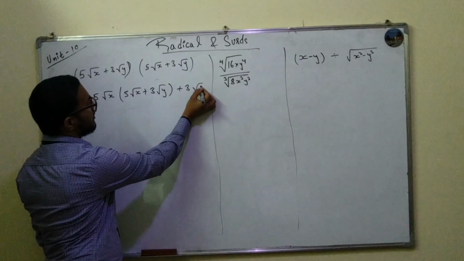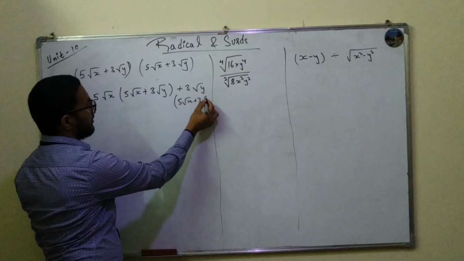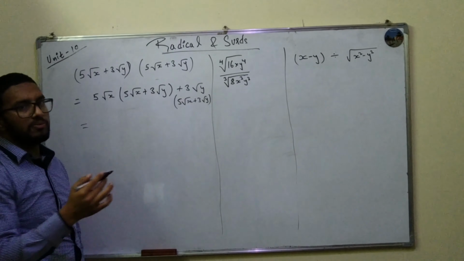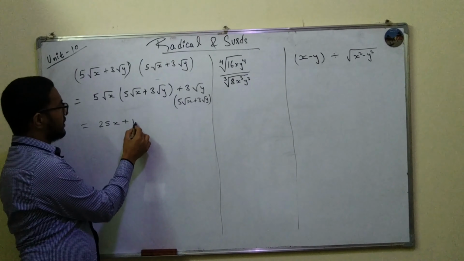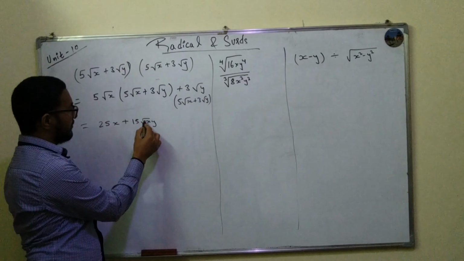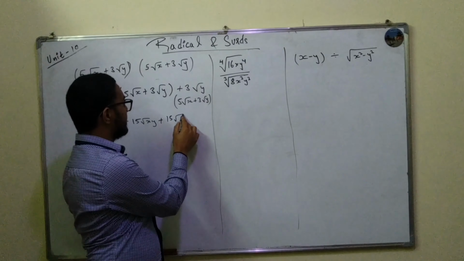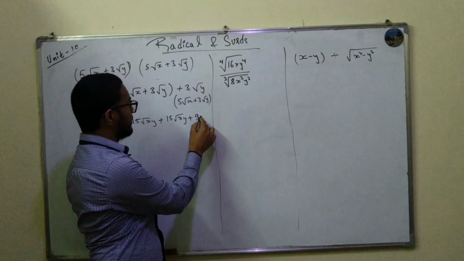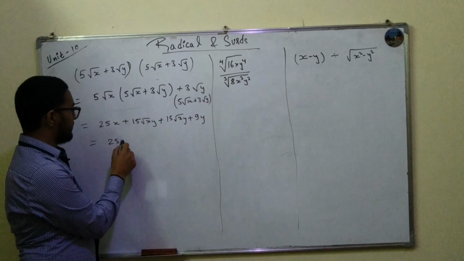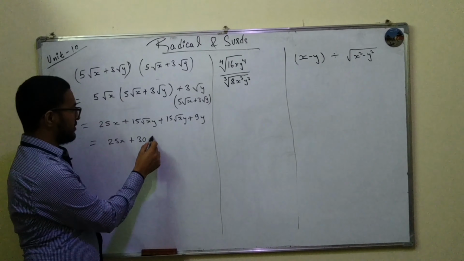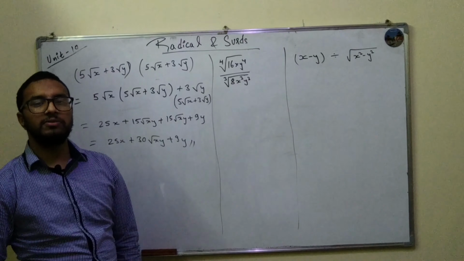When you multiply, how much will you get? 25x plus 15 root xy plus 15 root xy plus 9y. So your answer will be 25x plus 30 under root xy plus 9y. This will be your answer.